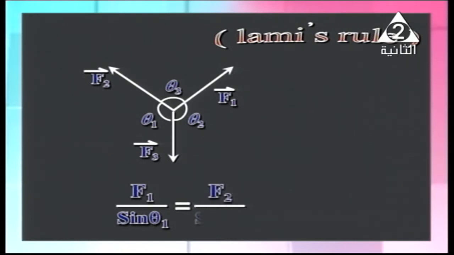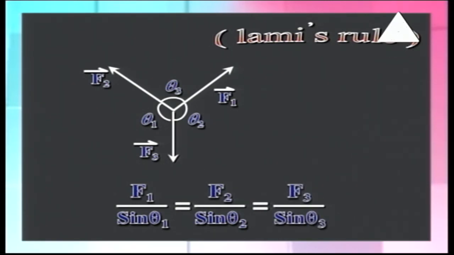This is Lami's rule, which we studied in secondary school. F1 over sine theta 1 equals F2 over sine theta 2 equals F3 over sine theta 3.